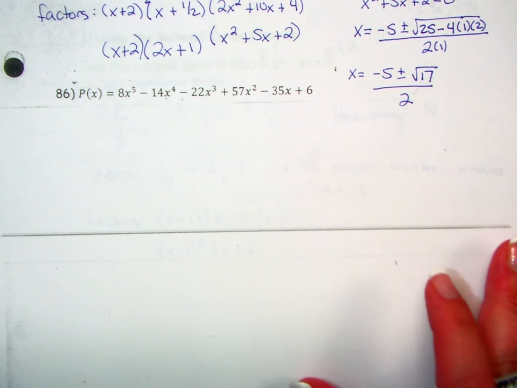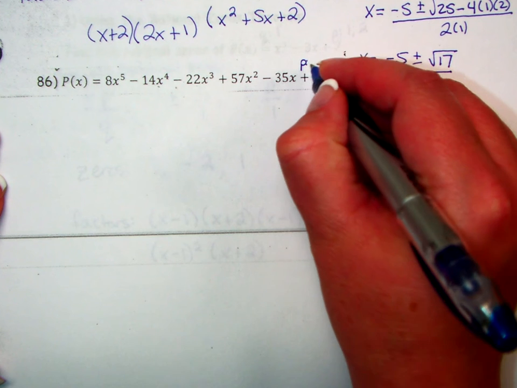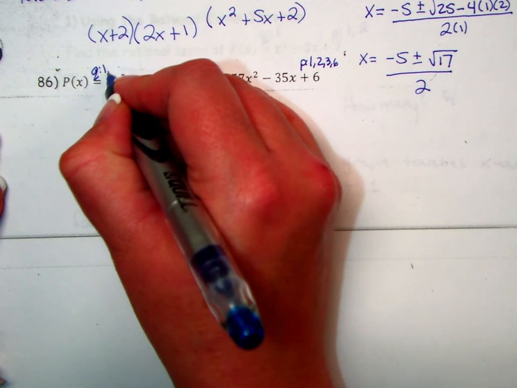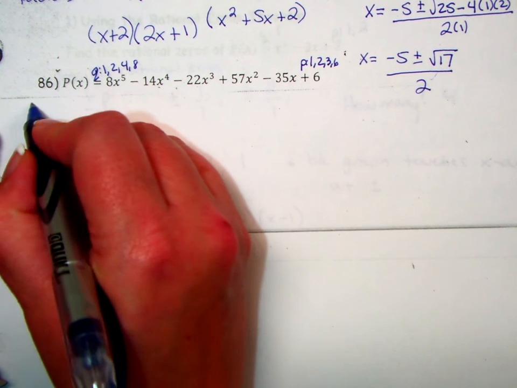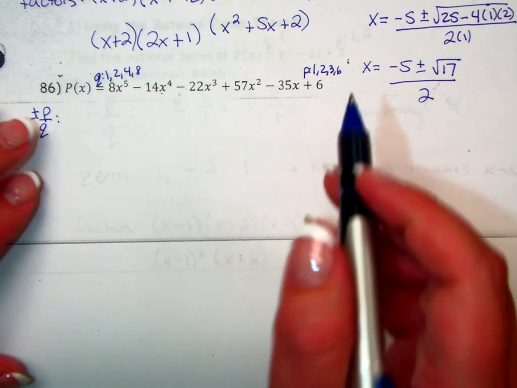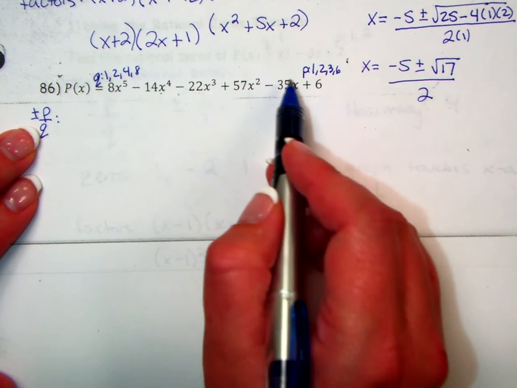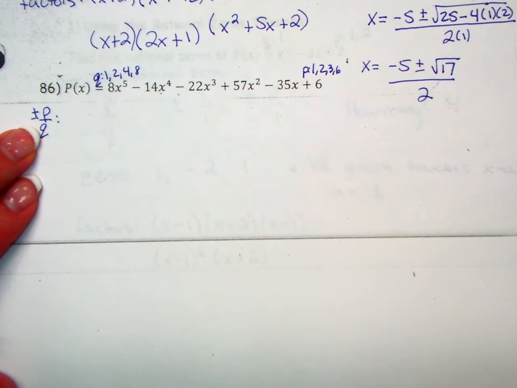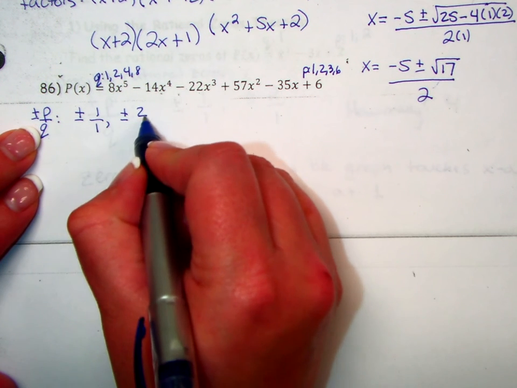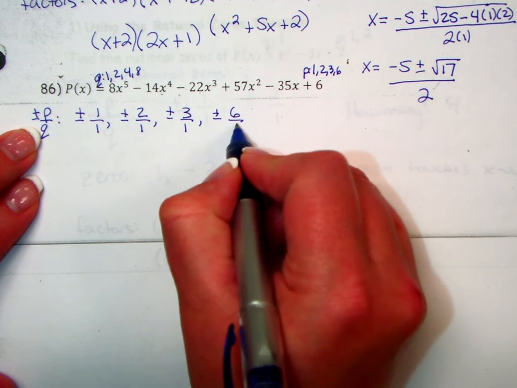Here we go. Let's do our P over Q list. Okay, so P: 1, 2, 3, 6. Q: 1, 2, 4, 8. All right, so plus or minus P over Q. I'm going to put all these over 1 on the first row, all the P values over 2 for the second row, so on and so forth. 1 over 1, 2 over 1, 3 over 1, 6 over 1.